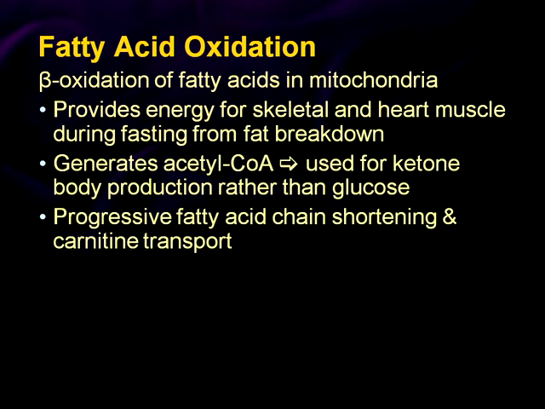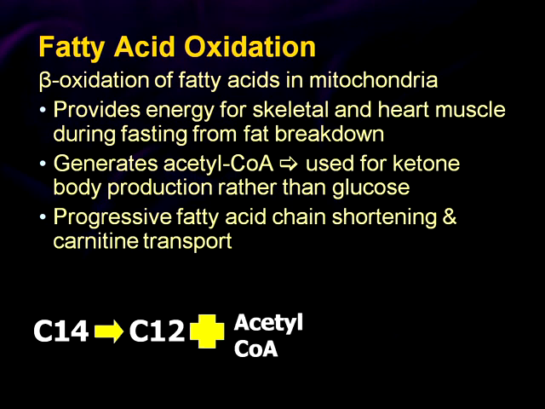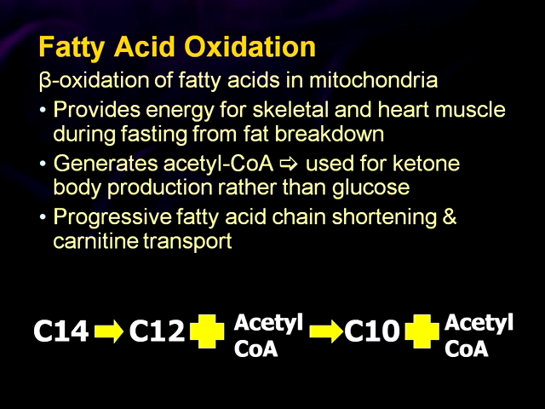And you get progressive fatty acid chain shortening, and carnitine transport is also important in these disorders. So the way this goes is you have carnitines that are long in length, and they get taken off 2 carbons at a time. So you go from a C14 to a C12 and pop off an acetyl-CoA. Pop off another 2, and now you're down to a C10, and you've generated another acetyl-CoA.